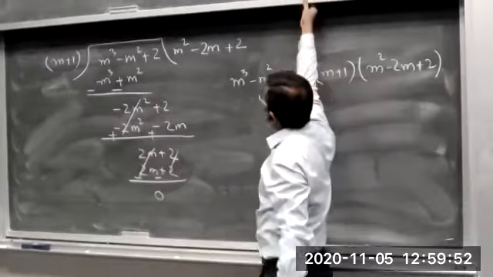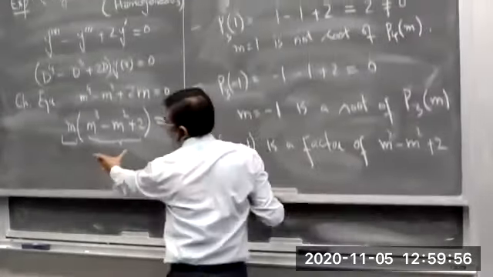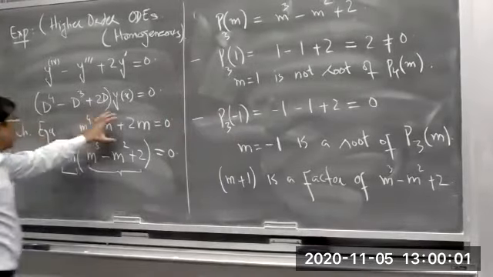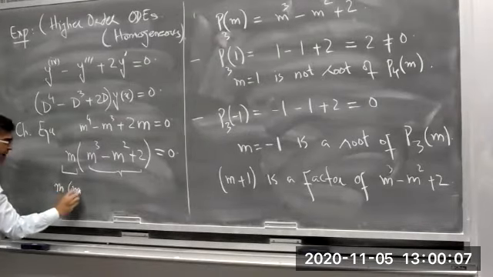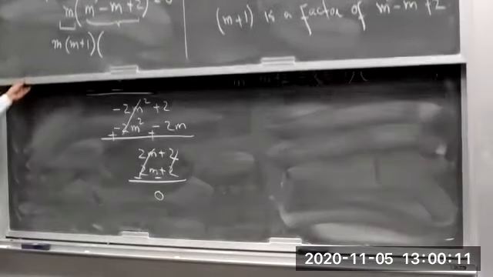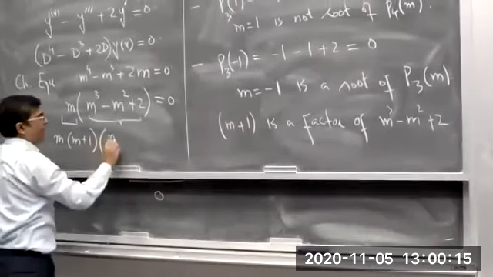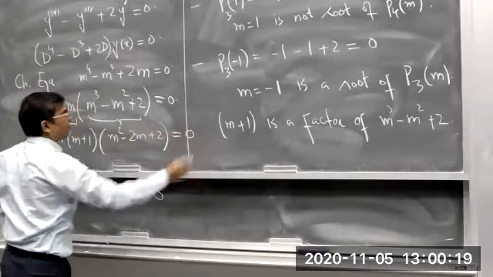Now the original characteristic equation can be written as m times (m plus 1) times (m square minus 2m plus 2) equal to 0.